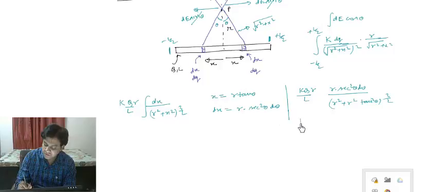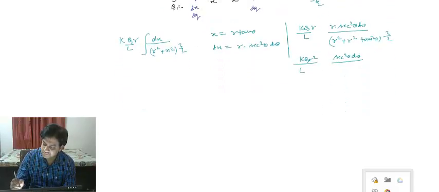If I further solve it, I'll get kq r square by L sec square theta d theta upon r square common will come out from this bracket, so r cube will get reflected here, and 1 plus tan square theta is sec square theta to the power 3 by 2, that is sec cube theta.